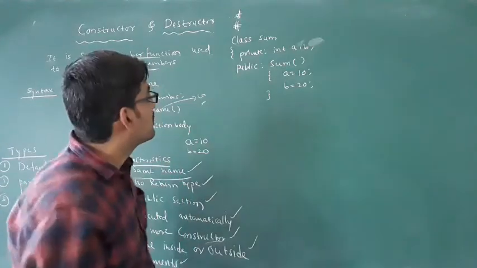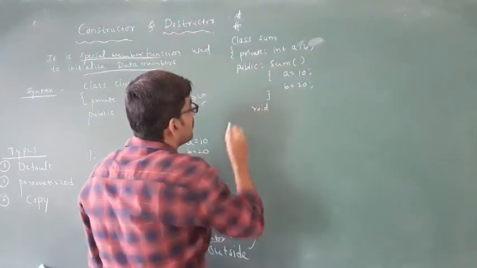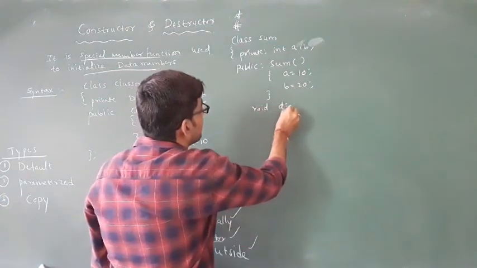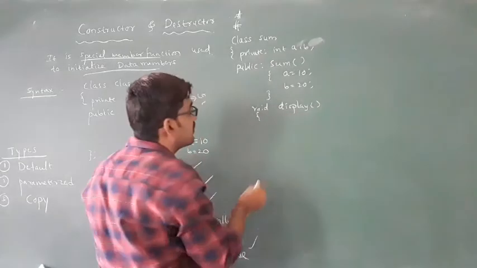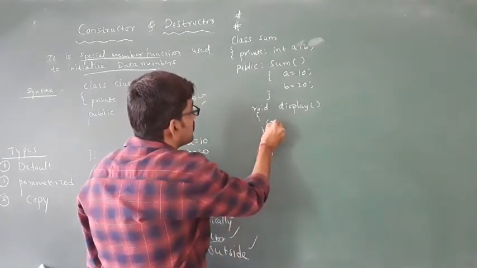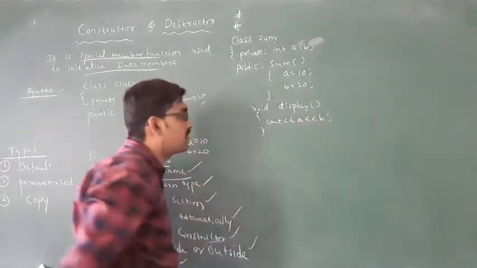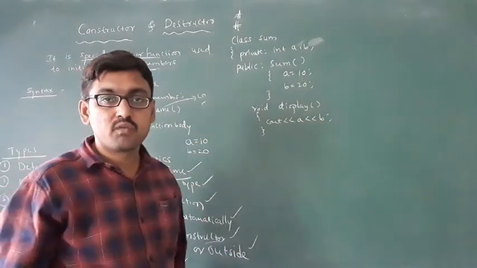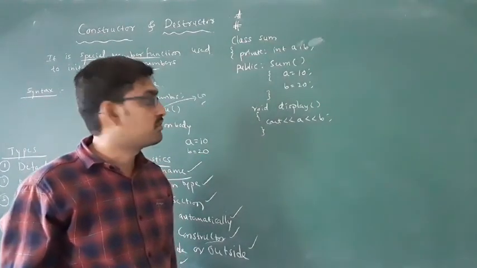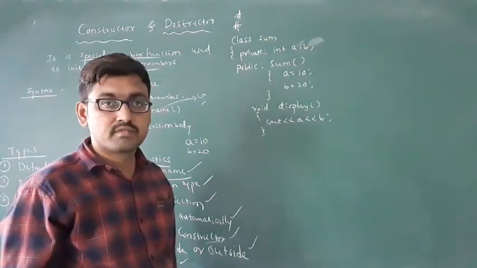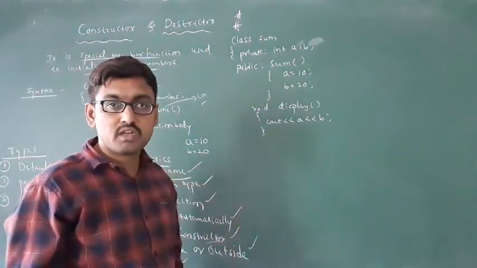Then I am writing here void display, cout a b. I want to display these values. To display, you have to use cout.